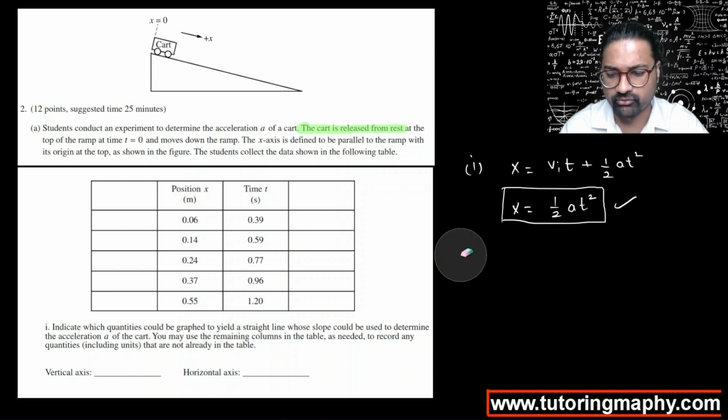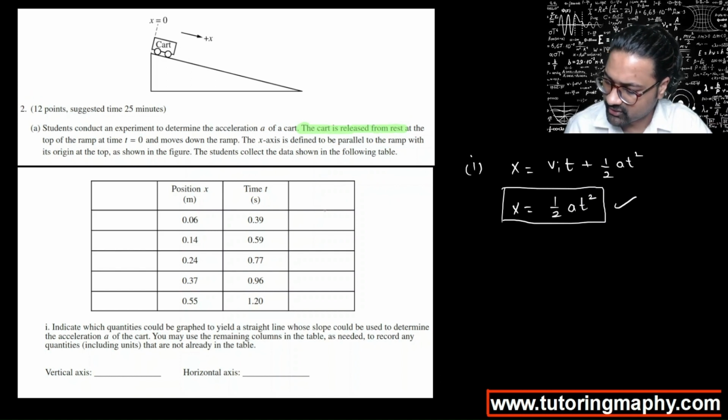In fact, you can fast forward this portion of the video as well because I'm just using my calculator over here and just finding the value. So the first one is going to be 0.1521. Then I'm going to have 0.59 square, which is 0.3481.